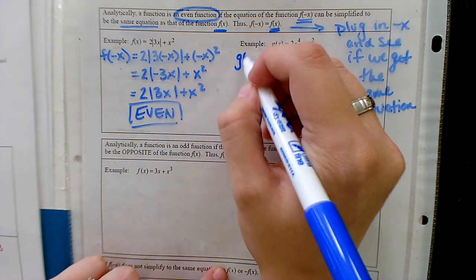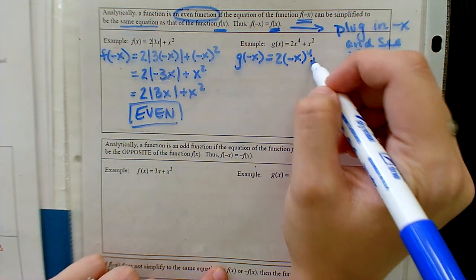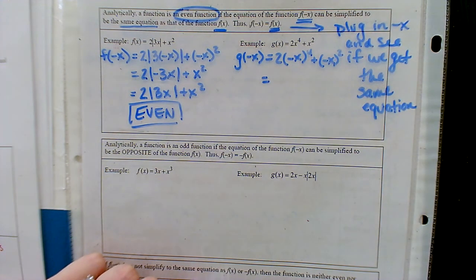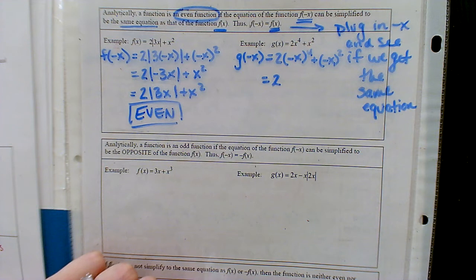All right, let's try the next one. If we were to plug in negative x, would we get out the same y value, the same original equation? What about negative x to the fourth? We haven't seen that one yet. Negative x times negative x times negative x times negative x. Would it just be x to the fourth?